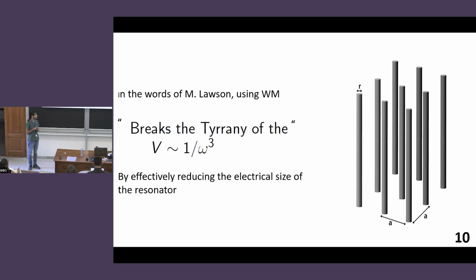As Matthew Wilson, who proposed this idea initially, says in his paper, it breaks the tyranny of the volume of the cavity being intrinsically linked to the operating frequency by effectively reducing the electrical size of the resonator.